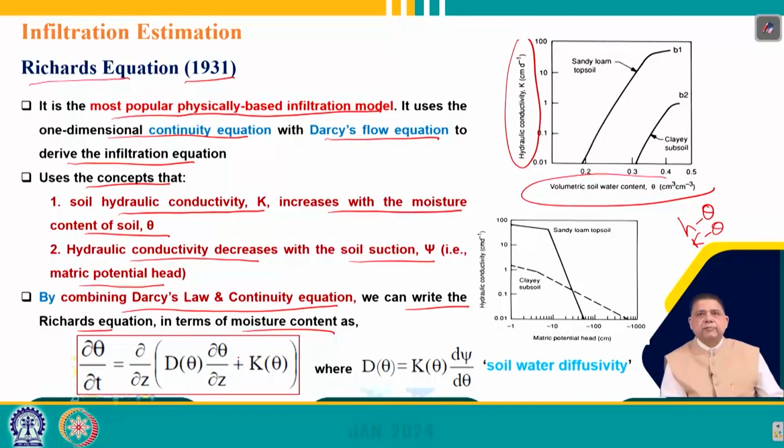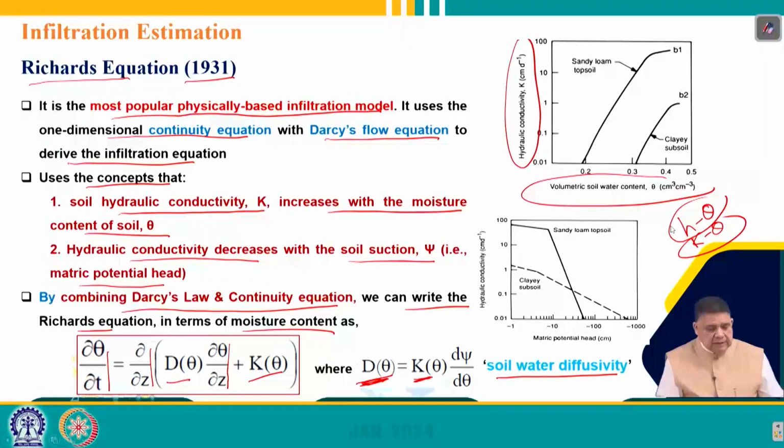This equation can be given in terms of both moisture content as well as head, and this is in terms of moisture content: del theta by del t is del by del z of D theta del theta by del z plus K theta, and D theta we have already seen is nothing but soil water diffusivity. While discussing the PTT model, we discussed that D theta can be obtained if you have the K H or K theta relationship, which can be obtained using the pressure plate apparatus and by fitting the K theta model.